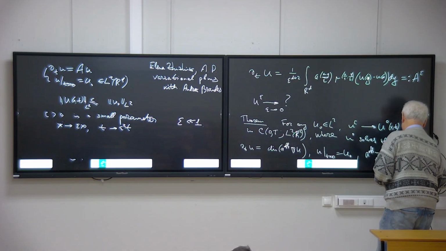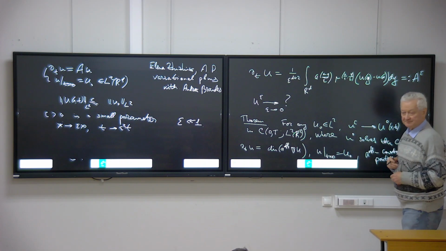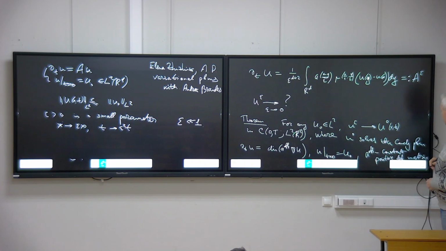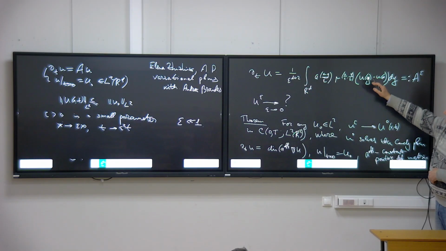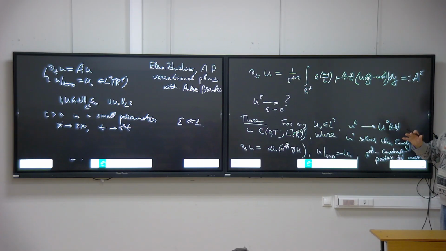So what we have is that the solution of this problem with this operator, which is non-local, in the limit converges to the solution of the local operator.